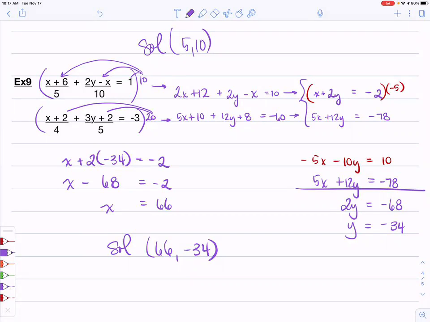Do we? Mary Alice, you didn't get this? So when you did substitution, and you did 5 times -2 minus 2y plus 12y equals -78, what did you get for y there?